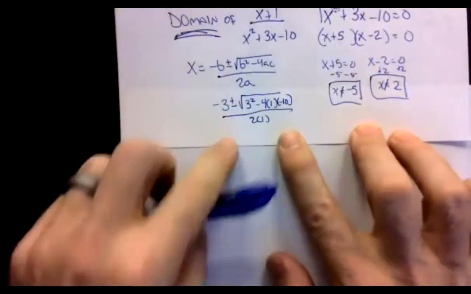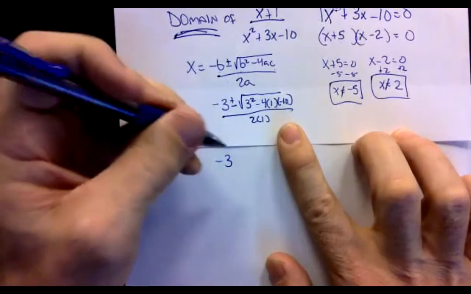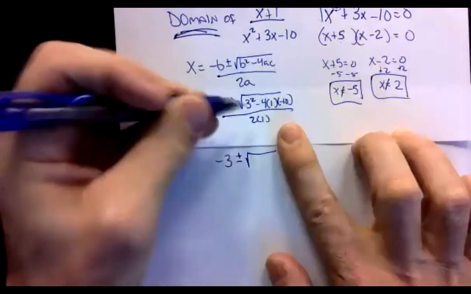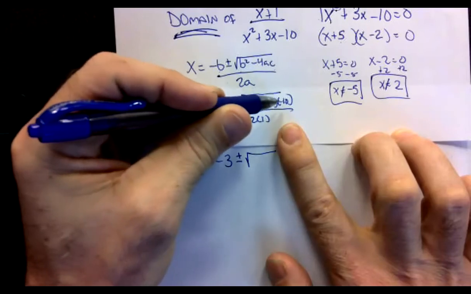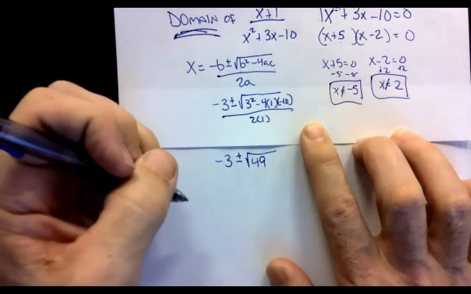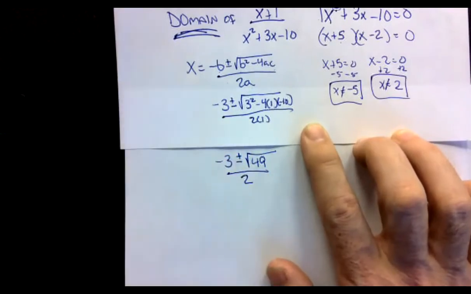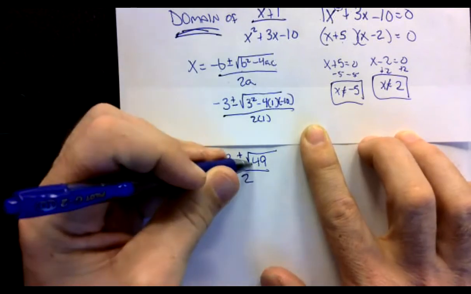And then if we use order of operations to simplify this, so that'd be -3 plus or minus, okay, 3 squared is 9. -4 times 1 times -10 is +40. 9 and 40 is 49. That's all over 2. Keep simplifying. Square root of 49 is 7.